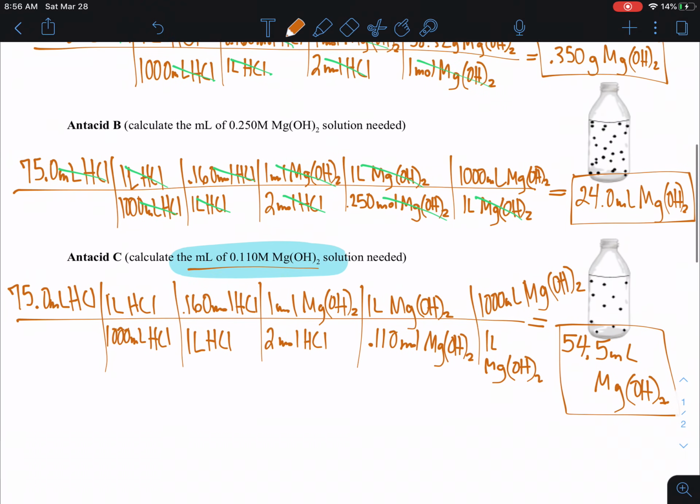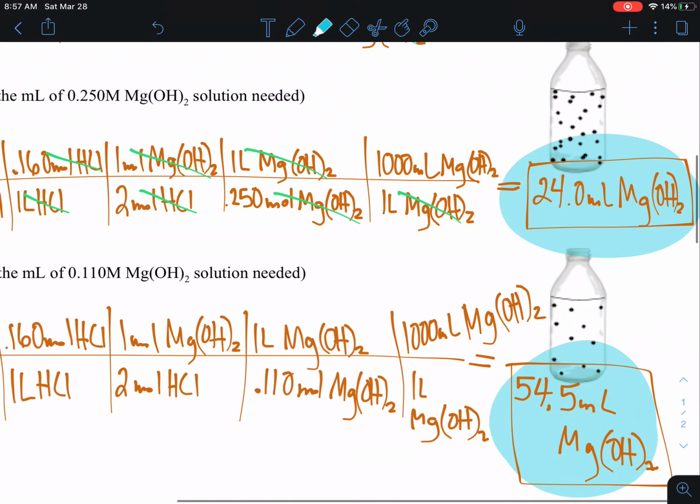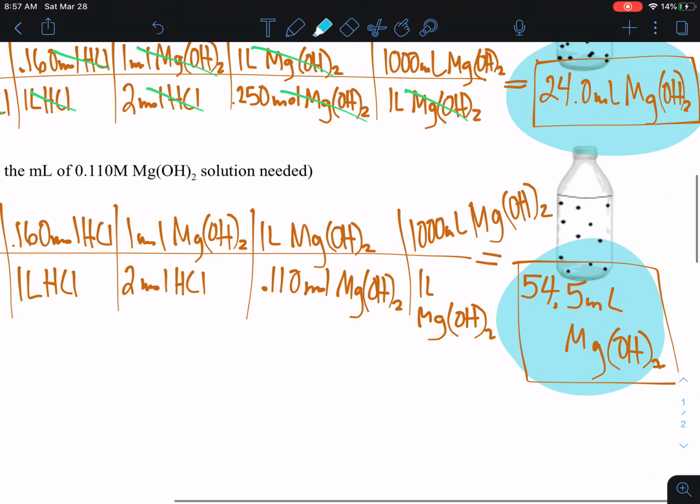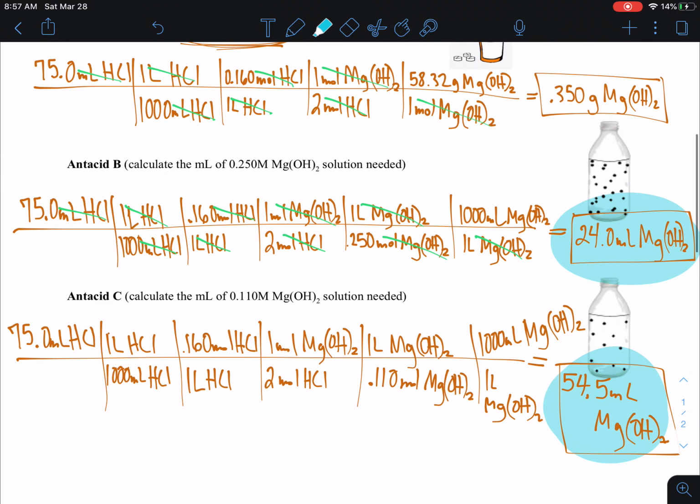So if Mr. Beaker decides to take antacid C here, he's going to have to consume 54 milliliters, over double the amount that he would have to take if it was antacid B. So look at the pictures of these two acids, the amount of black dots here, and notice that if the antacid is more concentrated, he's going to have to take less of it, but he has to take more of the diluted antacid if he wants to neutralize the acid in his stomach.